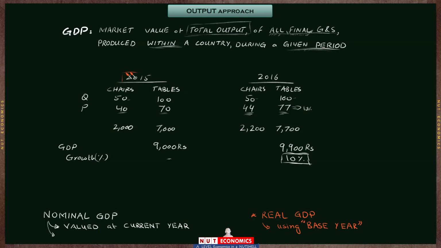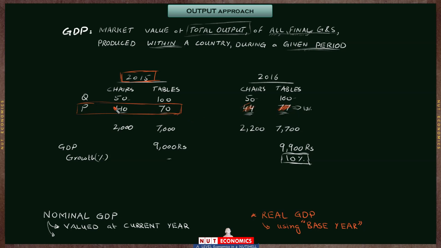So let's assume we pick 2015 as the base year. All that means is that we will assume the prices of all the products in the economy are fixed at the base year prices. Whenever we have to calculate the GDP of any year, whenever we convert the output of any year into market value, we will not look at the price of that particular year.